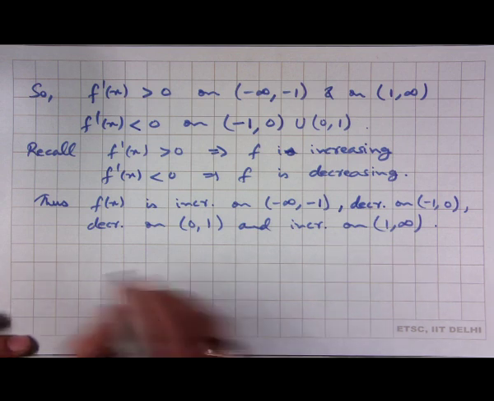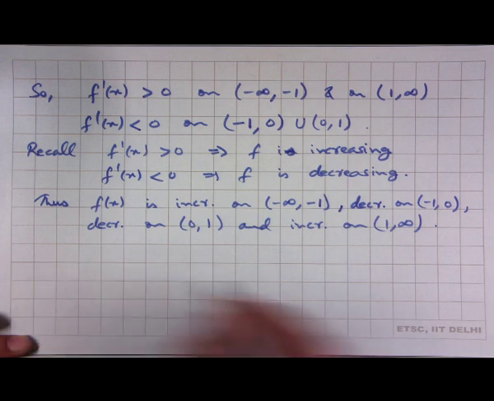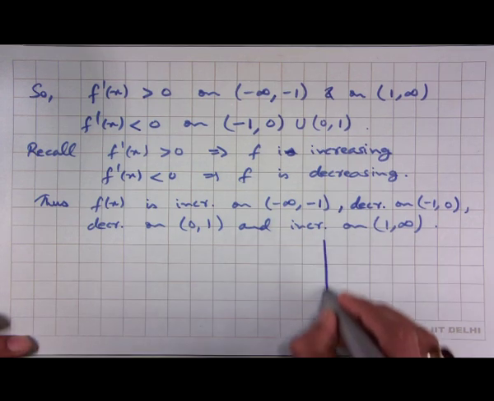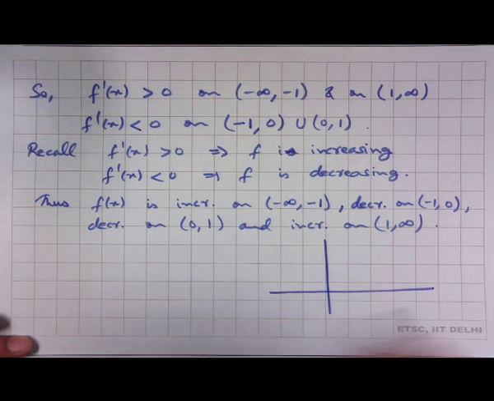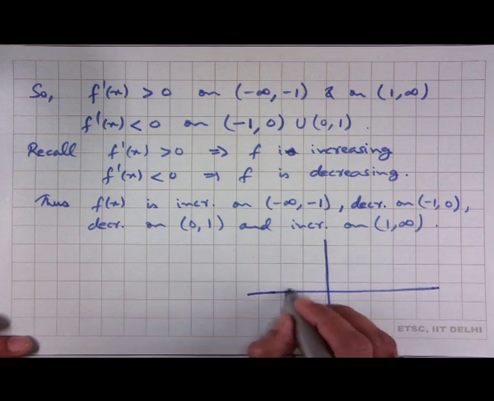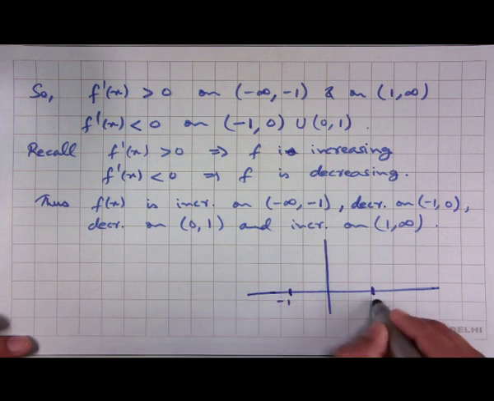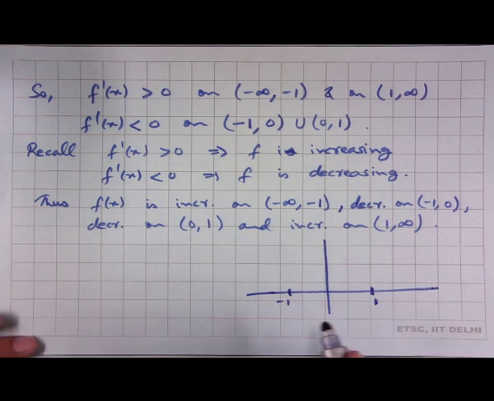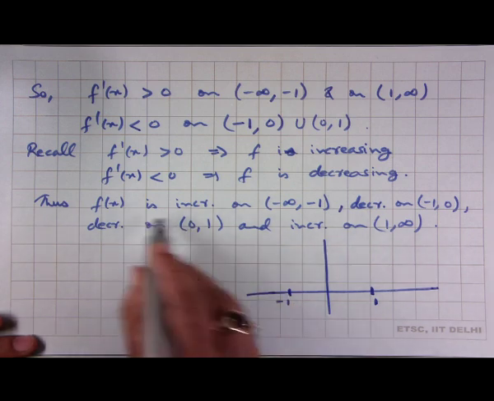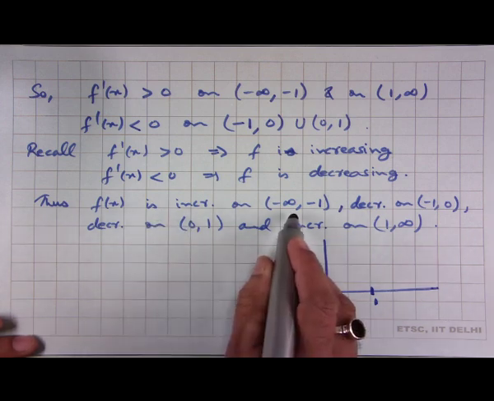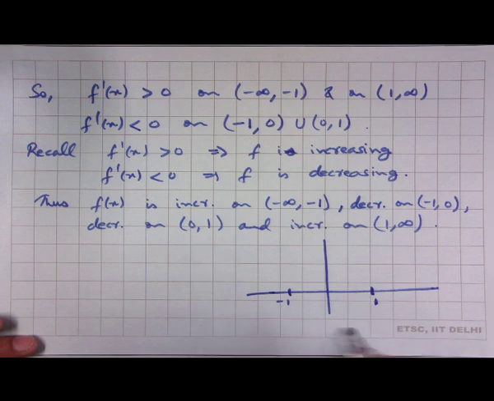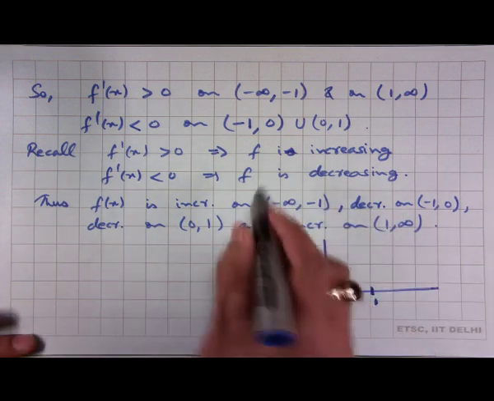So, if we see this, what we have is we have minus 1 and 1 where the derivative is 0. The function is increasing from minus infinity to minus 1. Let us look at first for the positive part what happens.